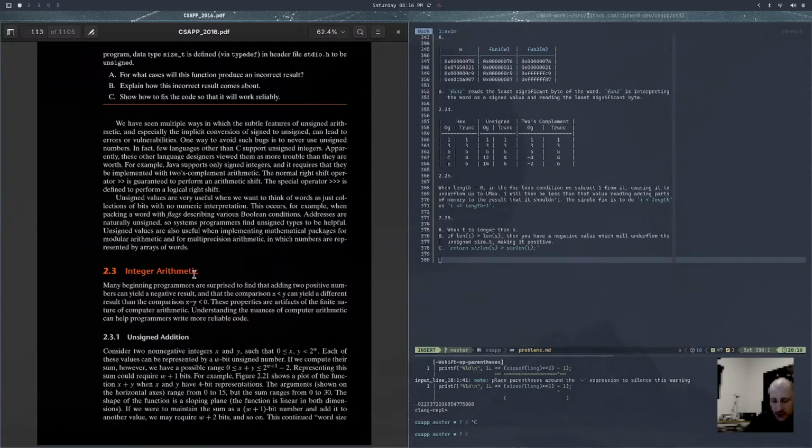For example, figure 2.21 shows a plot of the function x plus y when x and y have a 4-bit representation. The arguments shown on horizontal axis range from 0 to 15, but the sum ranges from 0 to 30. The shape of the function is a sloping plane. The function is linear in both dimensions. If we were to maintain the sum as w plus 1 bit number and add it to another value, we may require w plus 2 bits and so on. This continued word size inflation.